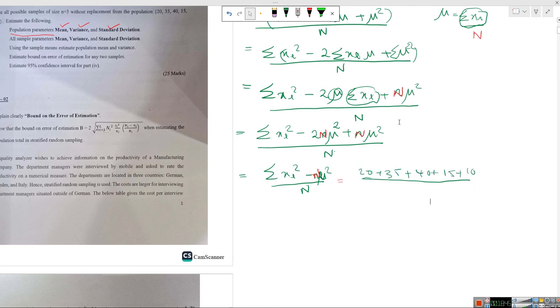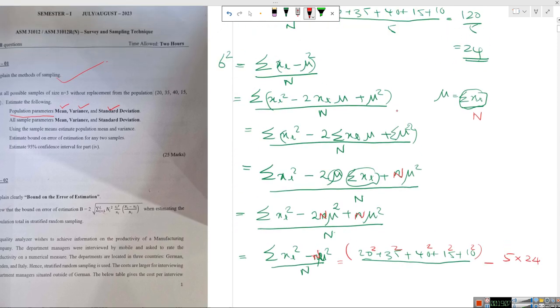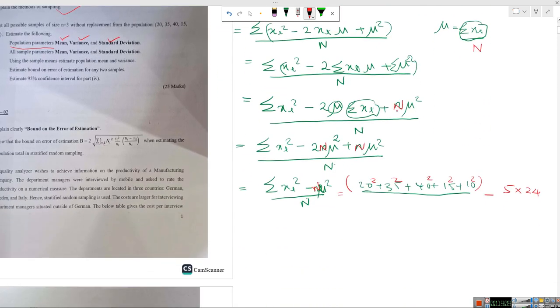This is supposed to be the summation of the square of each observation, right? So now this will be equal to that sum of squares minus n, which is 5 times mu, 24, if I am not wrong, yes, 24 squared, divided by 5, right?